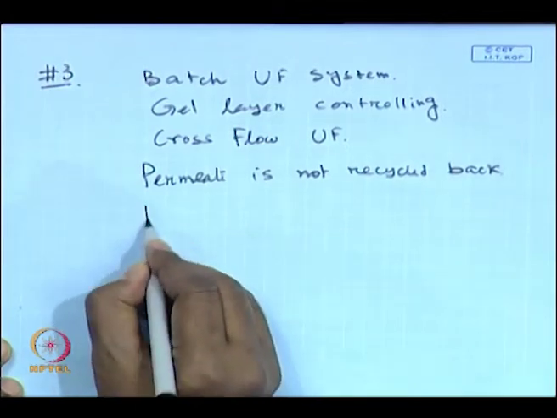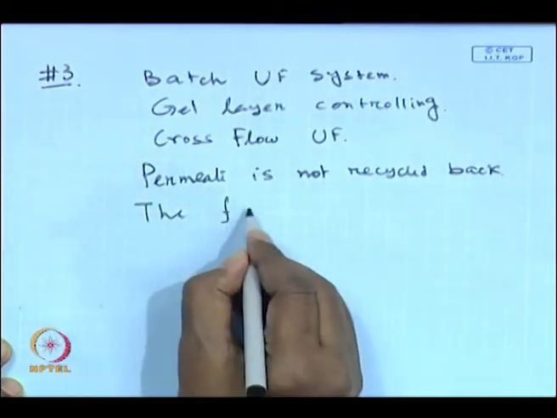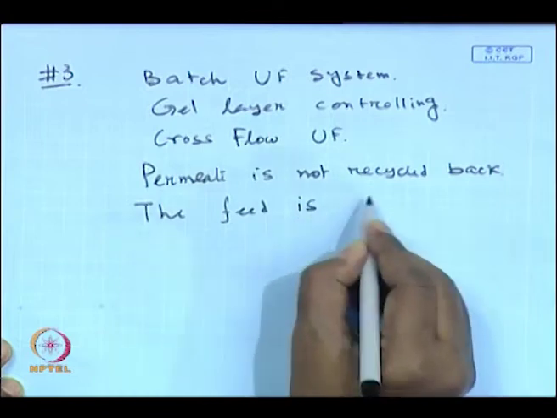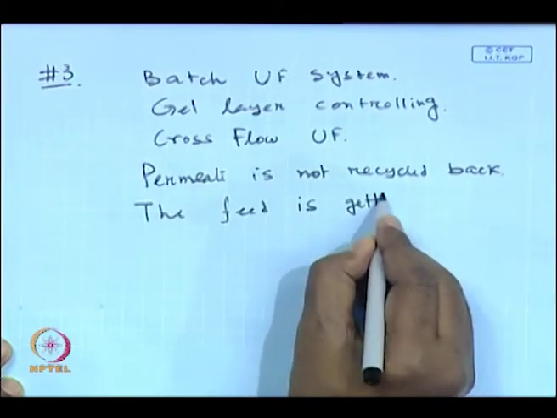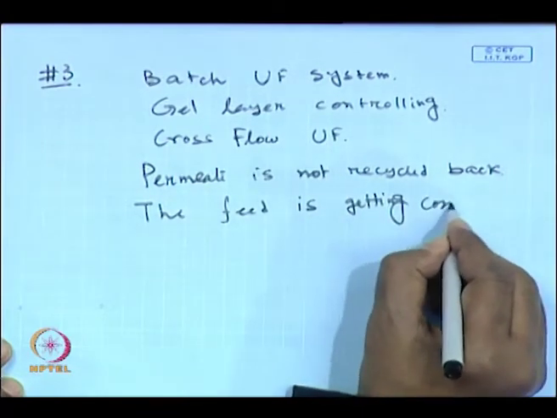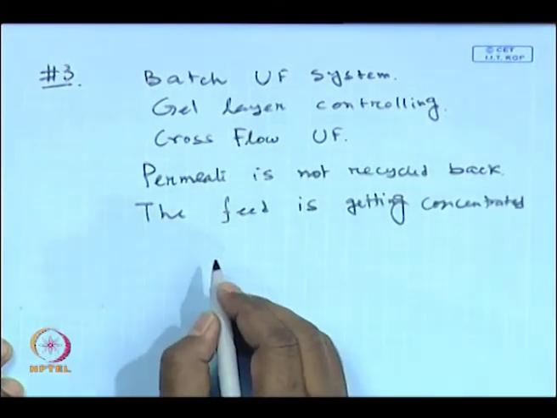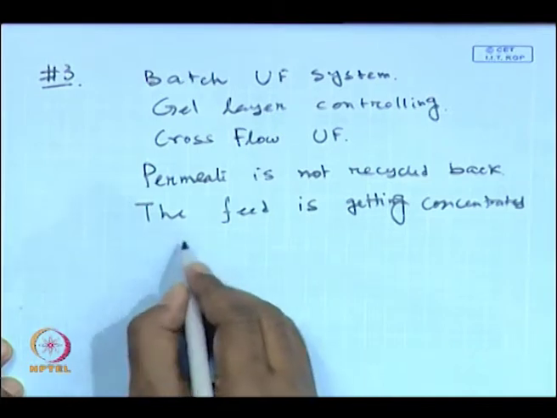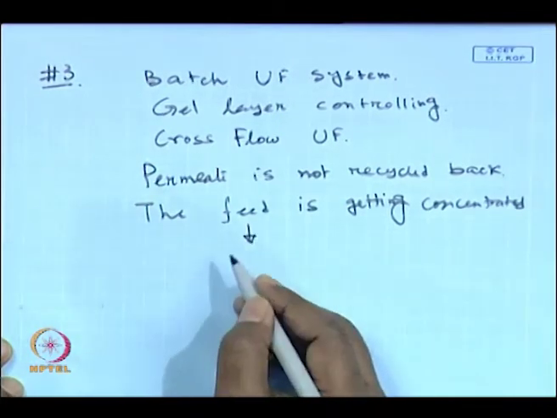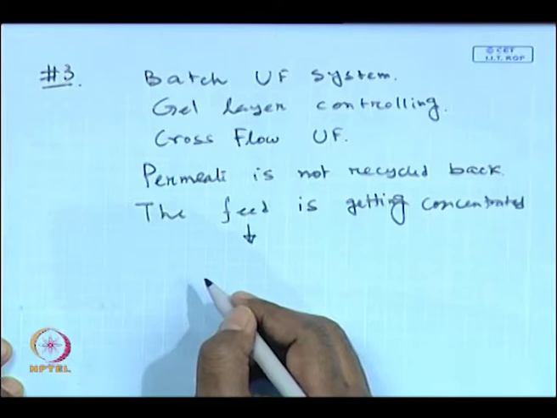So, permeate is not recycled back in this process, therefore, the feed is concentrating. Feed is getting concentrated, and since you are extracting water out of it, the feed volume is getting decreased, right.